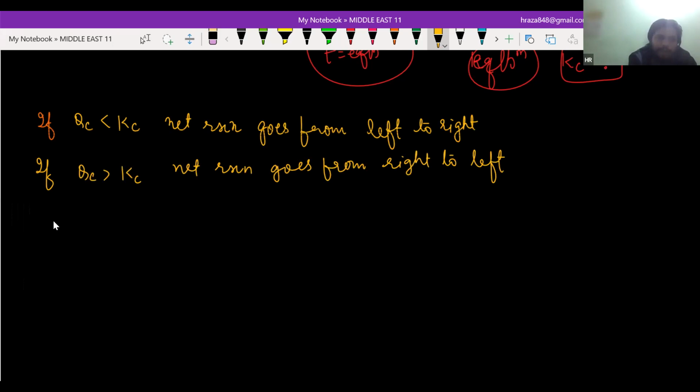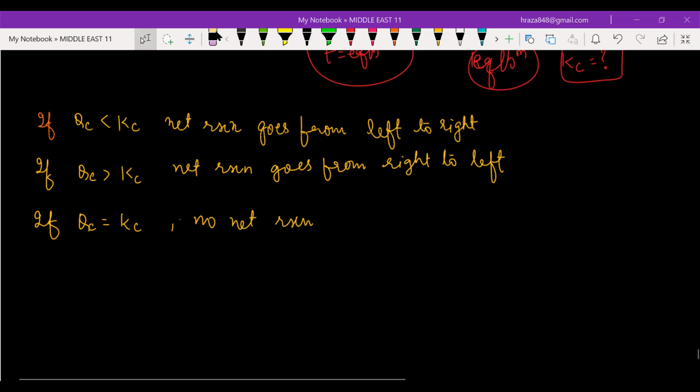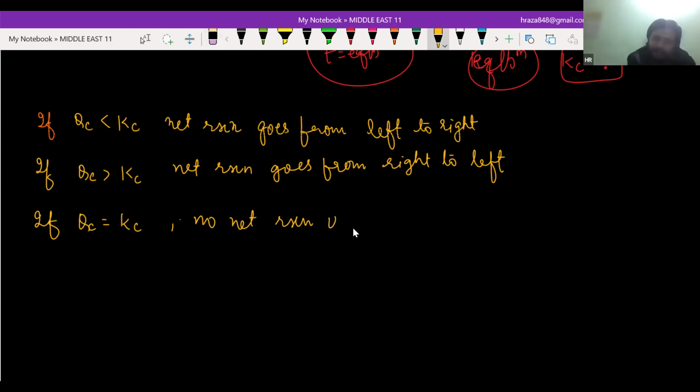And if Qc is equal to Kc, no net reaction occurs. That means it is in equilibrium. It's so easy.